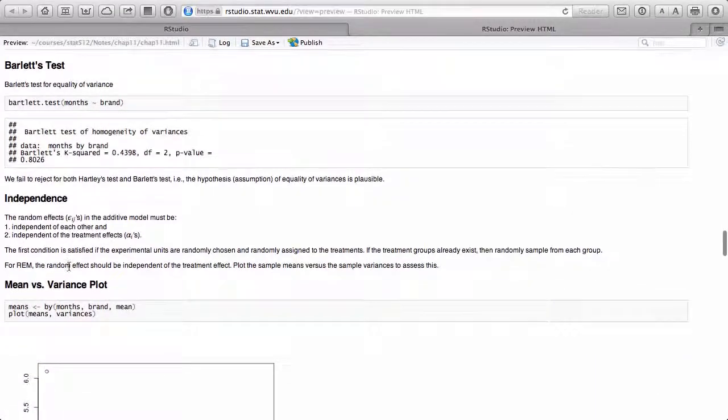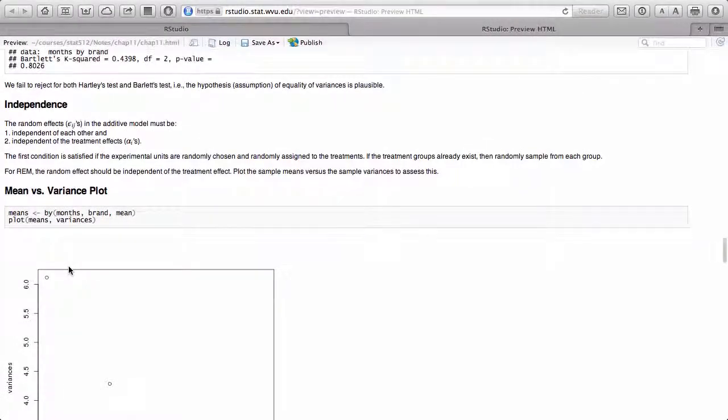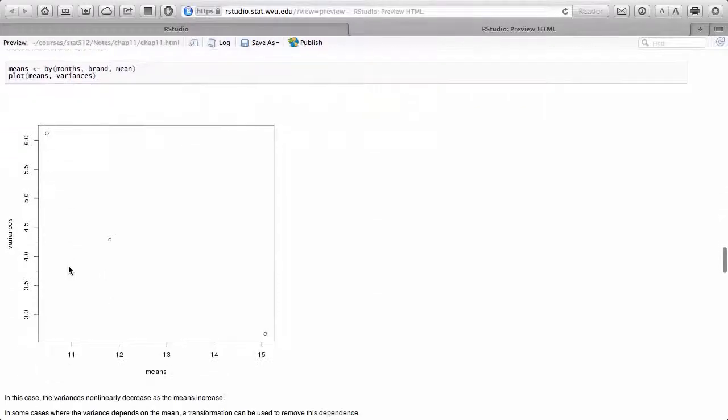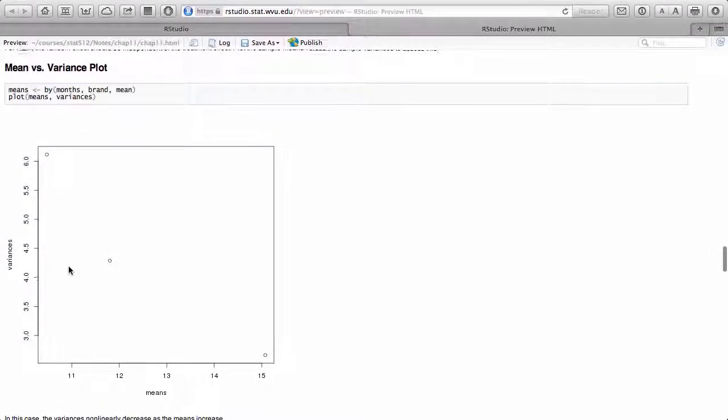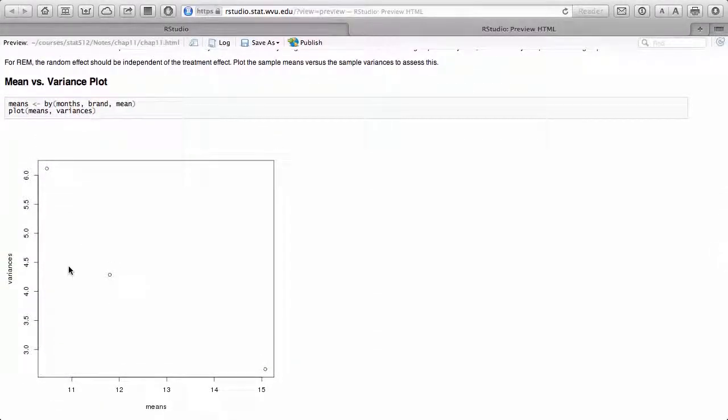I'm going to come back to this in a moment with our code, but I want to talk about independence now because this is an important plot. You're assuming that the epsilons are independent of each other, and you're assuming the alpha sub i's are independent of each other, but you're also assuming that the epsilons are independent of the alphas.